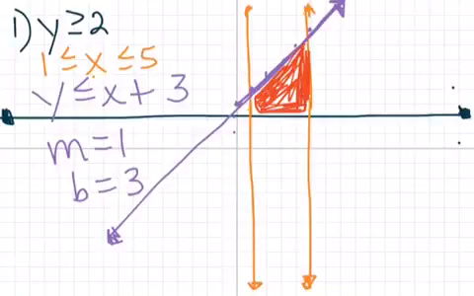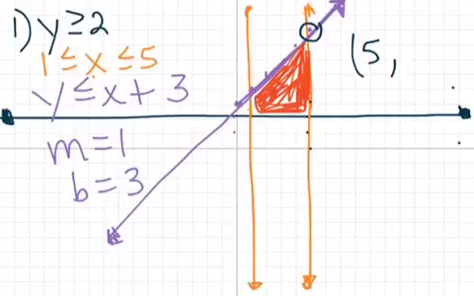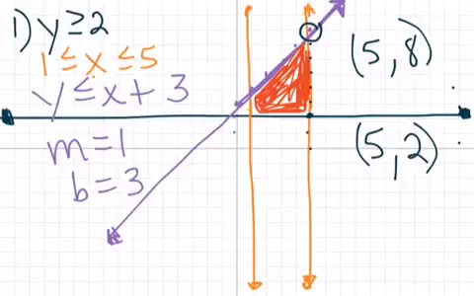The important thing that you need from this is each of these vertices. So this is right 5, up 8. This point is right 5, up 2.